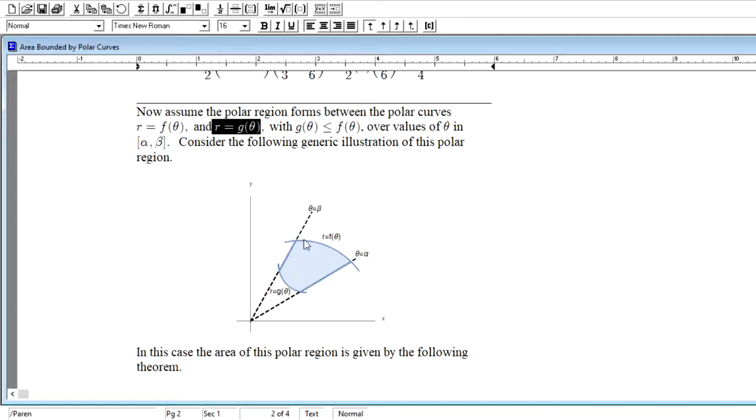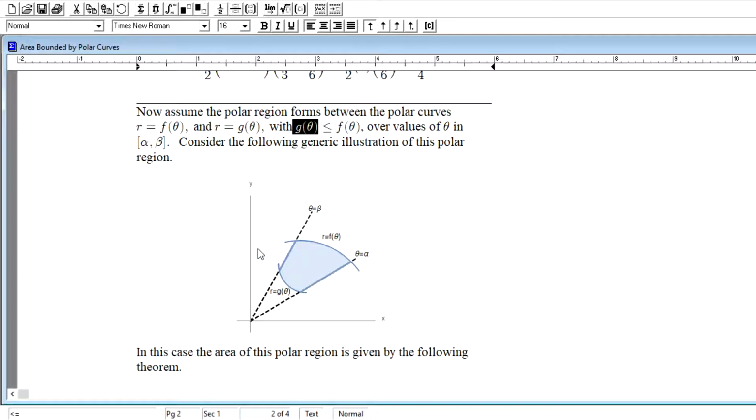We can see here that r equals f of theta is the function forming this edge or side of the polar region, which is further from the origin when compared to g of theta. g of theta is this radial description in terms of theta that is closer to the origin. It is this polar curve seen here.